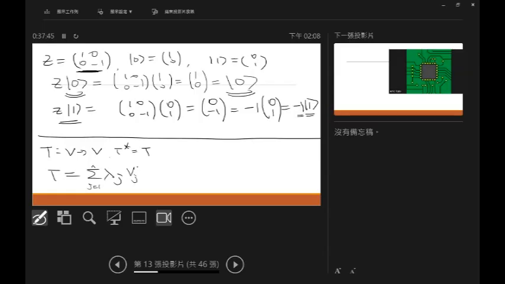So it's basically lambda_j times v_j v_j dagger. If I use this theorem, then I can write Z. This is linear algebra, and now I need to translate it to bracket notation. So v_j here is basically |0>, and <0| is its dagger.